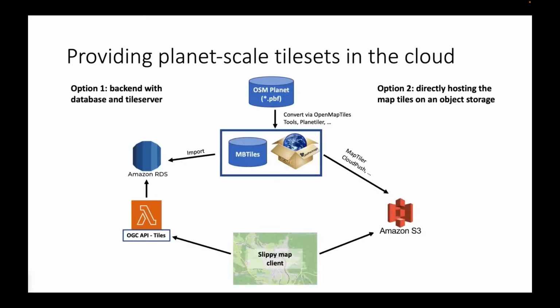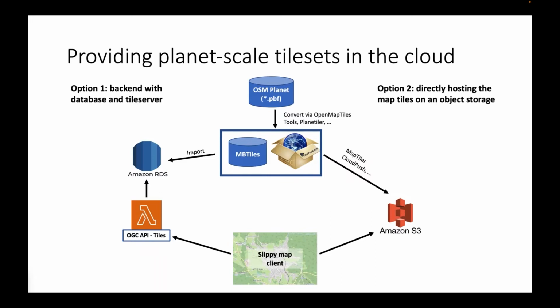Okay, so if you want to deploy a global scale tileset in a cloud-native environment with current technologies or tools, without the use of a cloud-optimized tile archive format, you probably have two major options. The first option is you could use a backend with a database where the tiles are stored, and then you can use a tile server for providing the tiles to a map client.